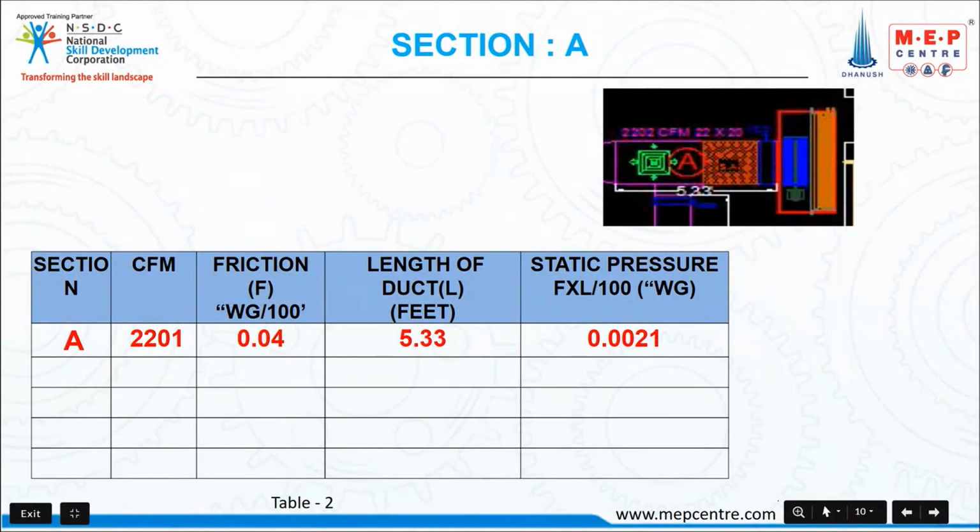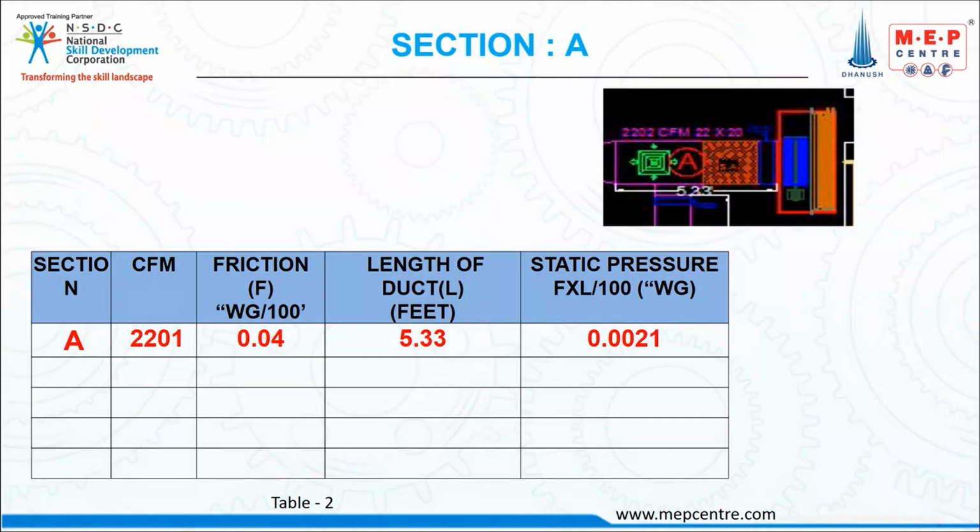While calculating the duct sizing, you work in the equal friction method, right? Yeah. So in the equal friction method, how do you take the friction value, that head loss value?